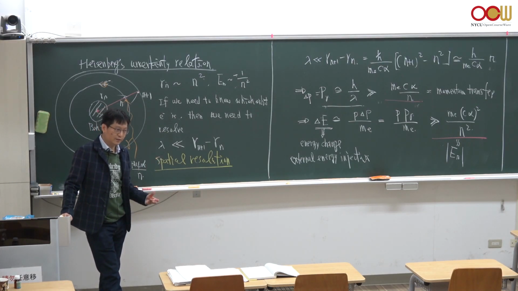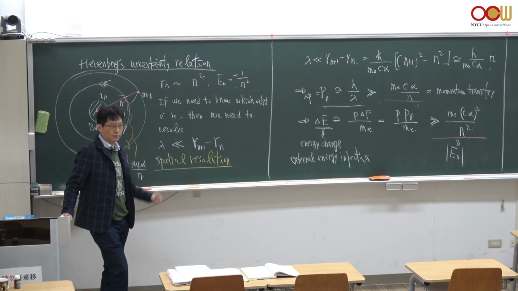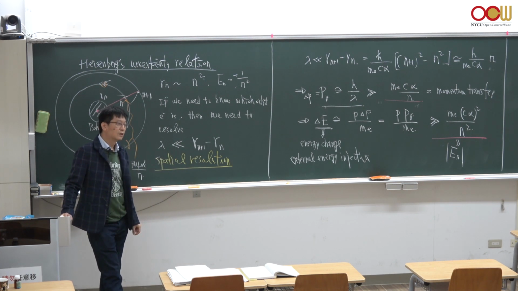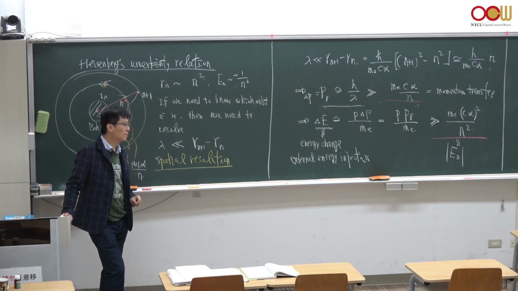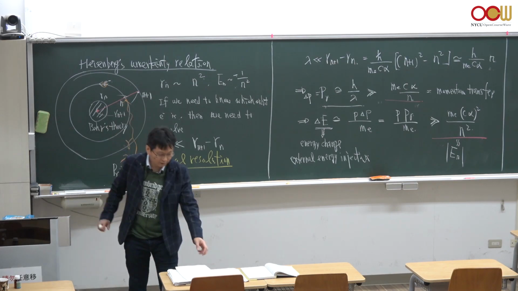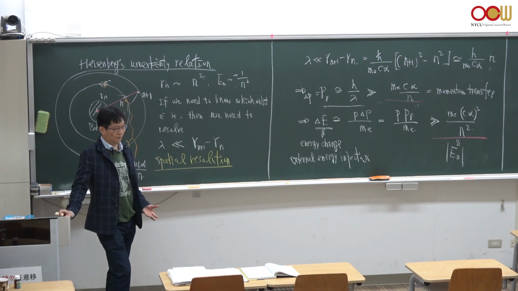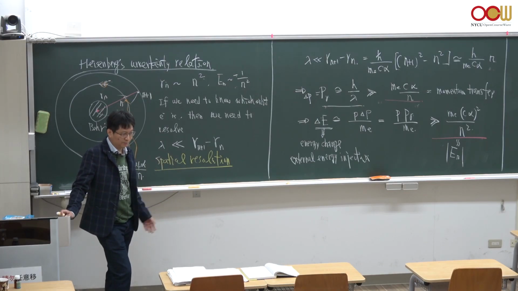In quantum mechanics, we must go to the atomic level to really detect or observe any phenomena. So we don't use our bare eyes, we don't use a detector. Of course we use a detector, but the principle that governs the detection by any detector is also governed by quantum mechanics. So even the classical detector, at the very deep down, is also governed by quantum mechanics. So you cannot escape quantum mechanics.